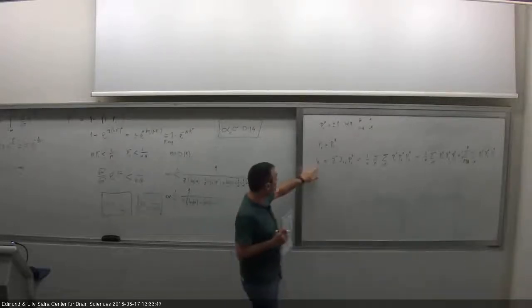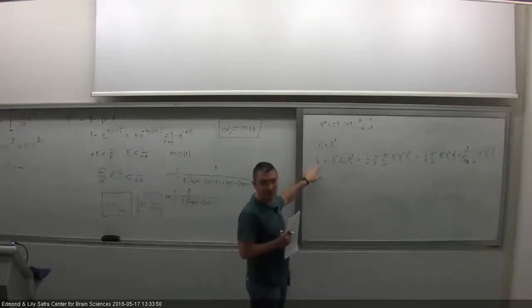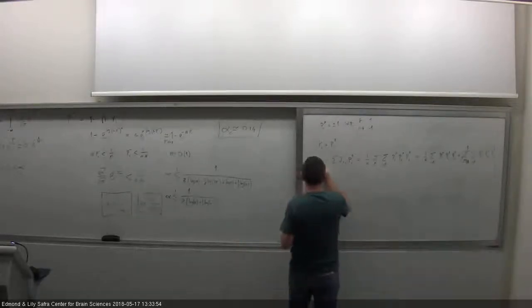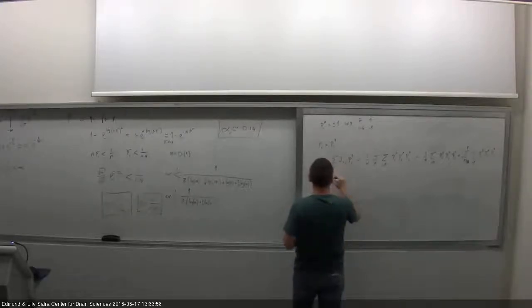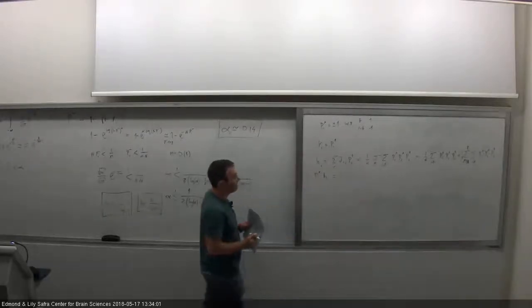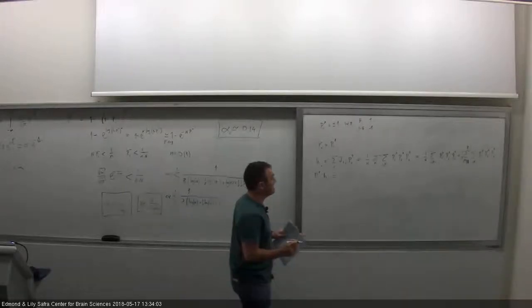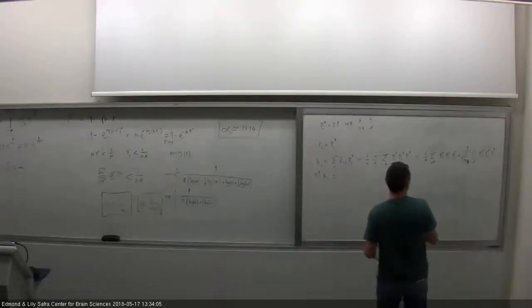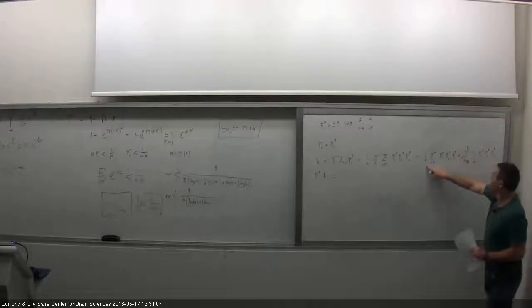And to see whether the input to the neuron is congruent with the memory pattern, we considered pi1 times hi. So let's look at what we get here.